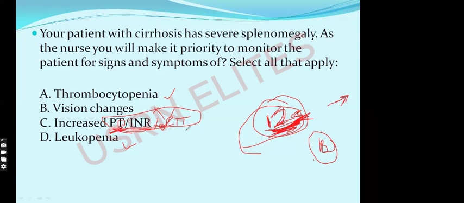Yes, sir. Kindly explain why. Leukopenia simply means low white blood cell counts, right? You want to know why? Who can help us? Why do we have leukopenia in someone with cirrhosis?